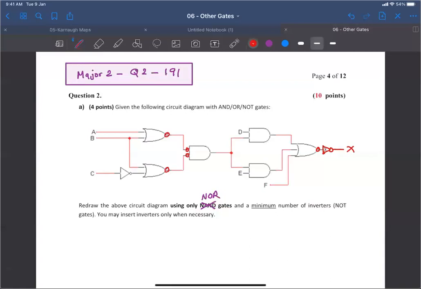Then worry about the AND. This one is done already. Here I need to put a bubble, and then an inverter, so D complement instead of D. And a bubble here, and an inverter.